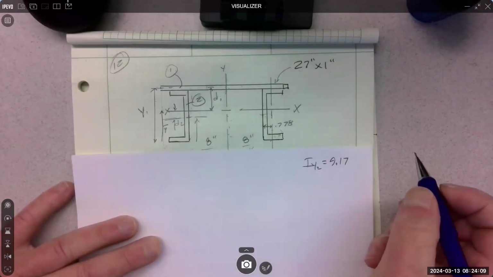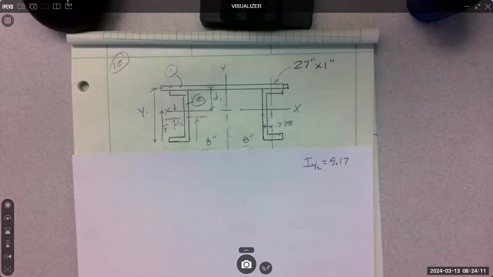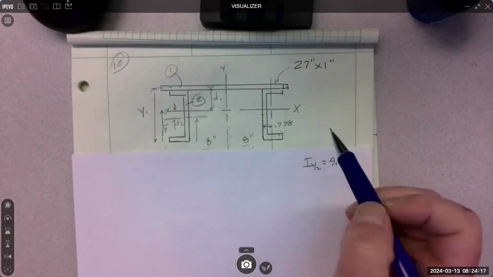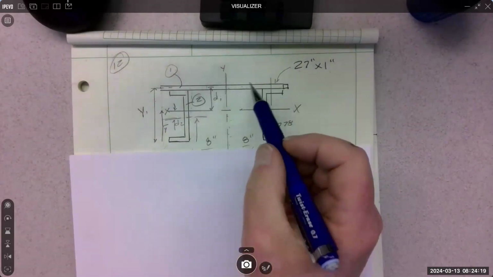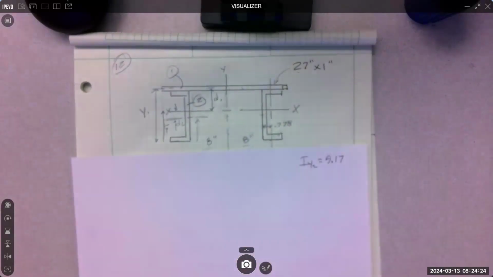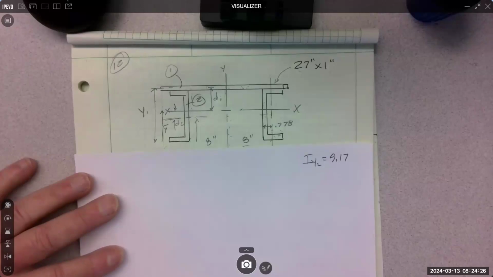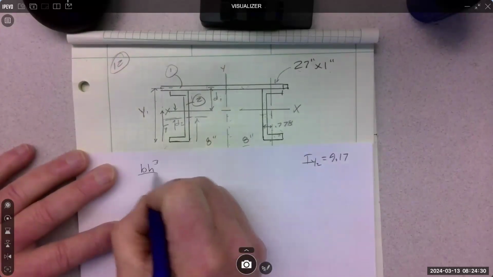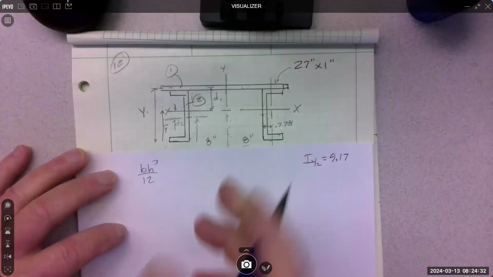Okay, so that's for our C shape, and that's here at this 0.77. How do we get the inertia about the y-axis for the plate? Calculate it. It's again base times height cubed over 12. That's the way I do it.